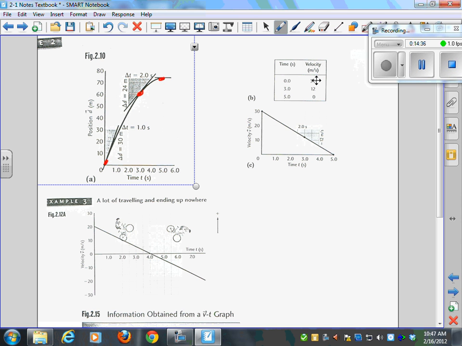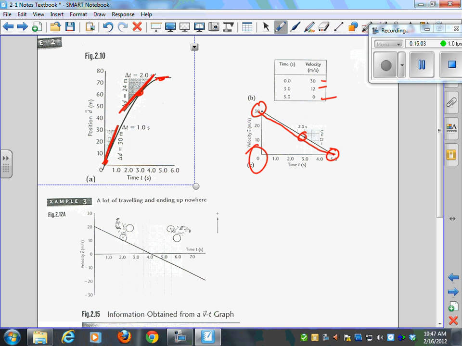They got a slope of 30. That slope is 30 in red. The slope here is 12, and the slope here is 0. They found 3 individual slopes, and then they graphed them. 30, 12, and 0. The velocity goes down to 0, which means the object is doing what, Zach?